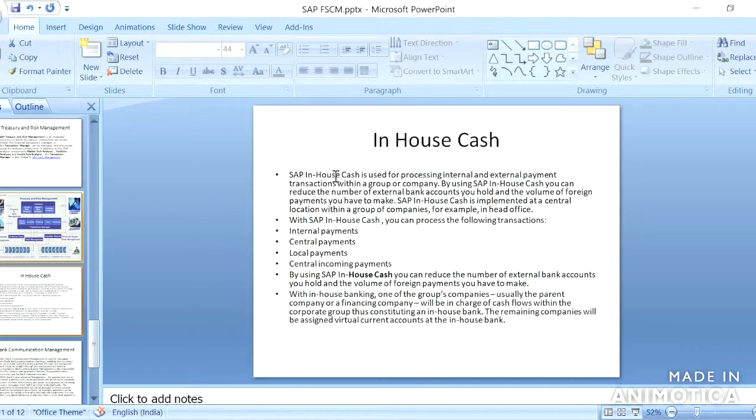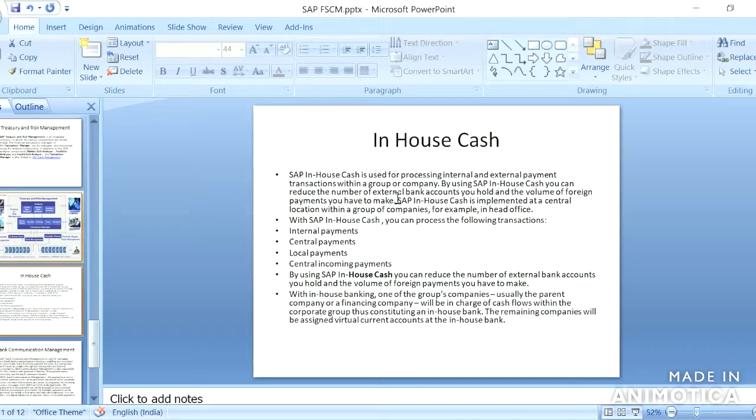SAP in-house cash is used for processing internal and external payment transactions within a group or company. By using SAP in-house cash, you can reduce the number of external bank accounts you hold and the volume of foreign payments you have to make.